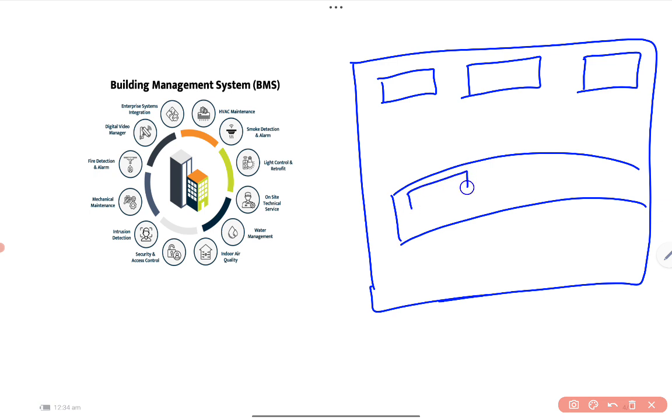On this table there are also some screens or desktops to monitor all these activities and systems through the BMS system. Which types of systems can we monitor from one place only? We will start from the HVAC maintenance.